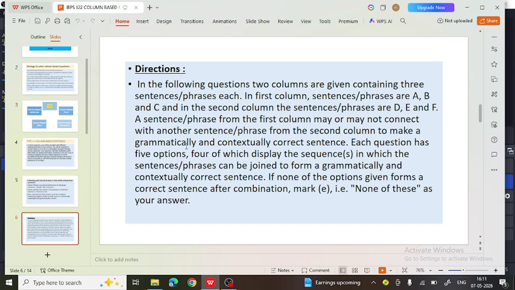Each question has 5 options. Four of them display the sequence in which the sentences or phrases can be joined to form a grammatically and contextually correct sentence. If none of the options gives a correct sequence after combination, then mark E, that is, none of these, meaning no such pair is correct.